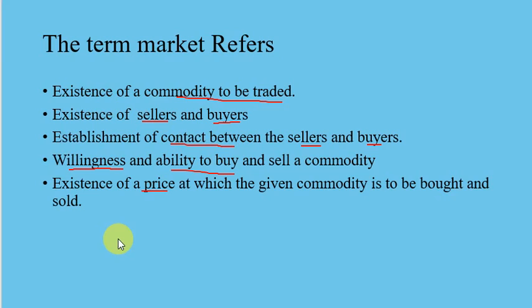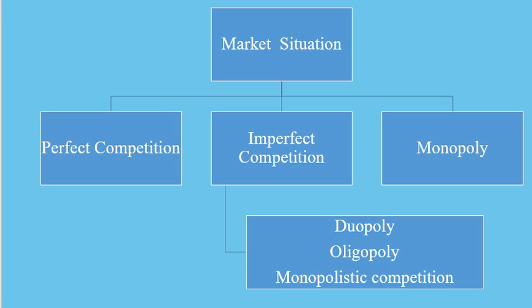So let us learn about the market situations, how they could be. Here the market situations are perfect competition, imperfect competition and monopoly, and different forms like duopoly, oligopoly and monopolistic competition. Perfect competition and monopoly form the two extremes of market situations we can see in the world.